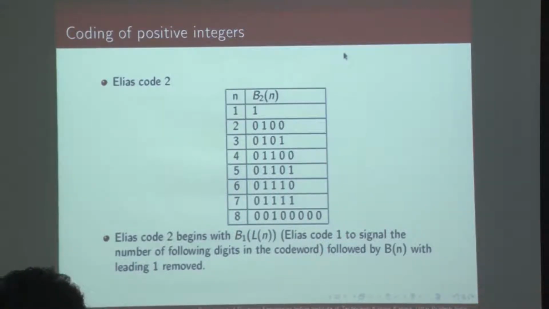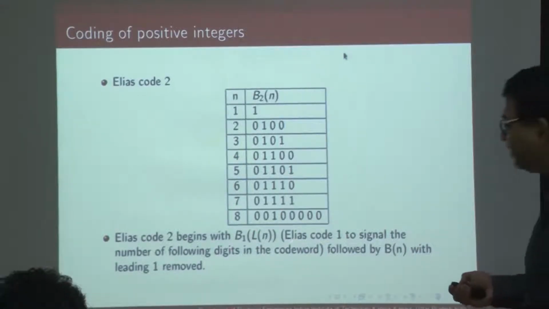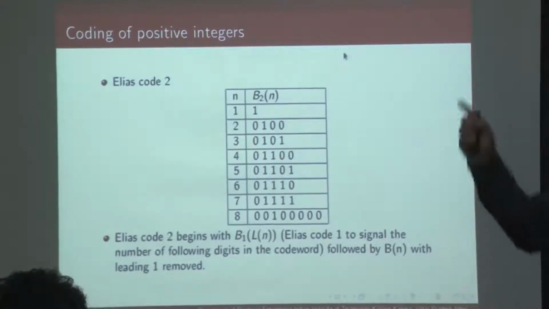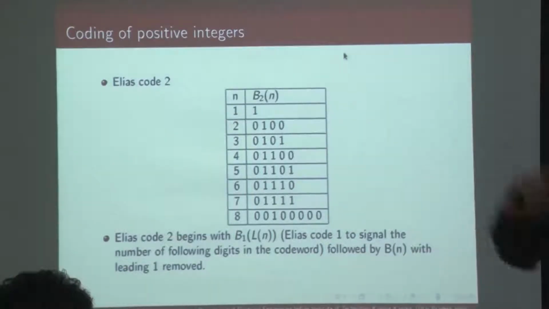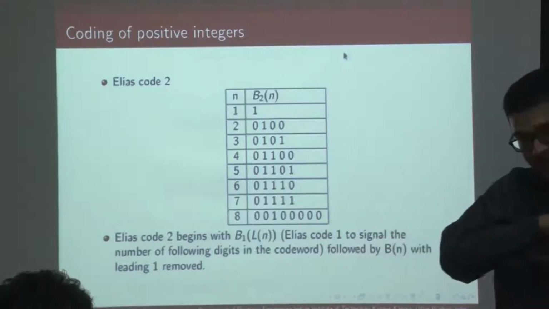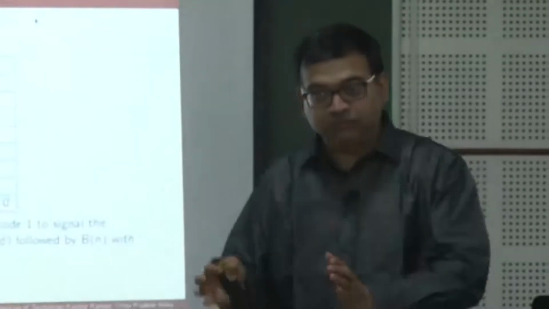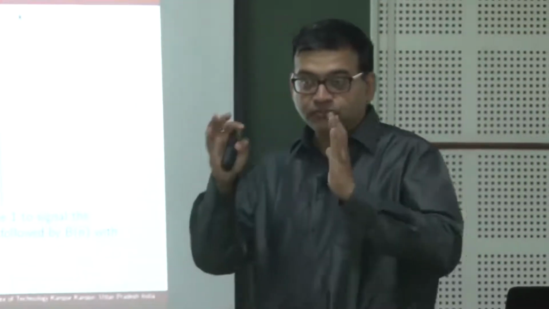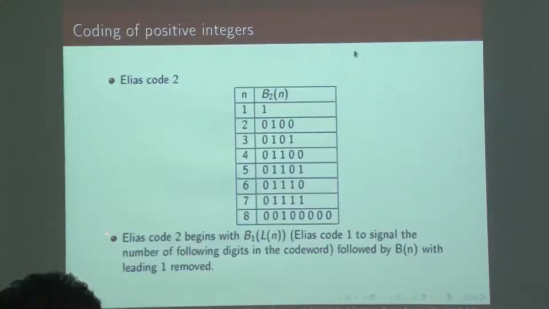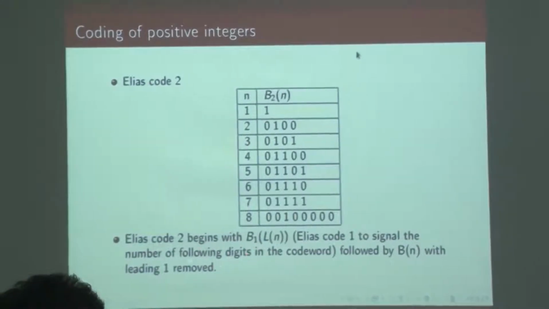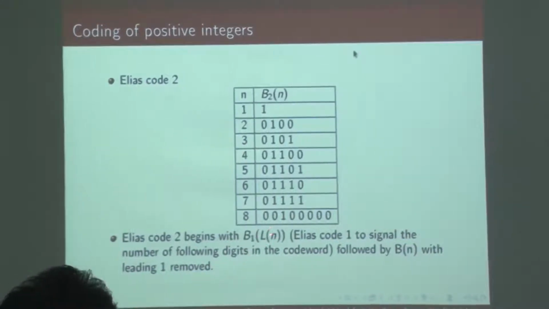Now, instead of padding with zeros, we are going to use B1 code, which is the alias code 1, to denote the length. So we are not going to denote the length by runs of 0. Instead, we use B1 code to denote that length. Alias code 2 begins with B1 code of the length of the binary representation of that number.